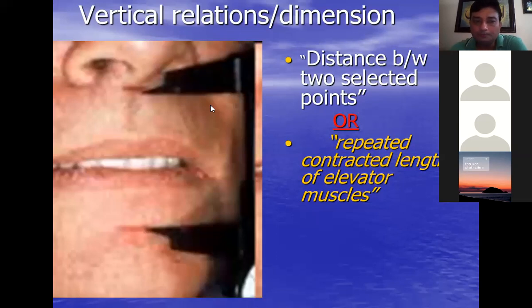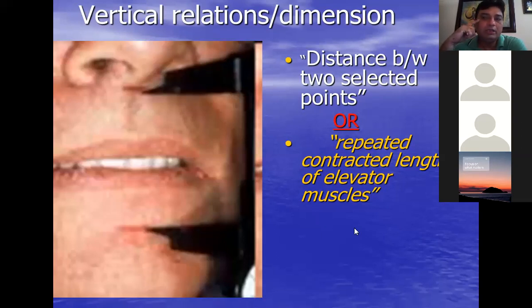So that means if you lose the teeth, it does not make any difference. You have other clues, other references, to establish the vertical dimension, and that reference is your muscles.